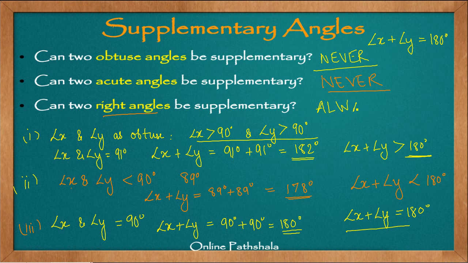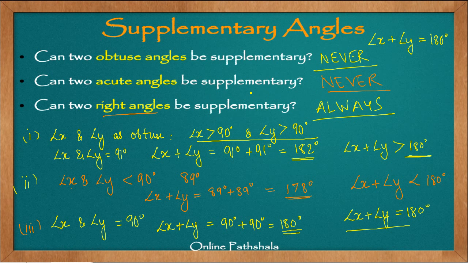So the whole idea here is that if you have two obtuse angles, they will never be supplementary. Two acute angles can also never be supplementary, but two right angles will always be supplementary. So what should be the nature of angles so that they are supplementary? You need one obtuse angle and one acute angle.